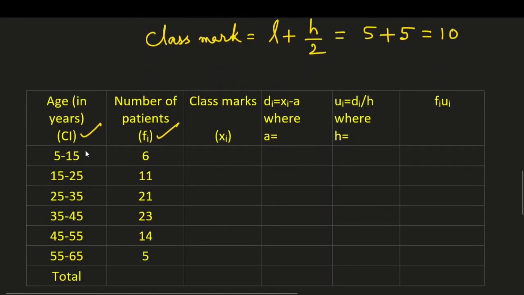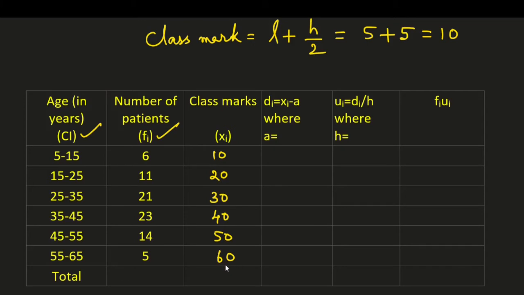In the first one, lower boundary is 5, half of the class size is 5, so 5 plus 5, 10. Here lower boundary is 15, half of class size is 5, so 15 plus 5, it is 20. Here 25 plus 5, 30. Here 35 plus 5, 40. 45 plus 5, 50. 55 plus 5, 60. Now we have obtained class marks xi.